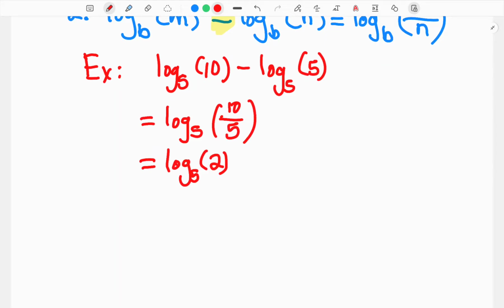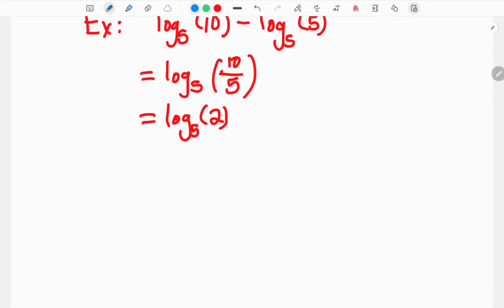Another law that's very important, let's go to law number 3. You have log base b, and inside the bracket you have m to the power of r. Remember, these letters can be anything.